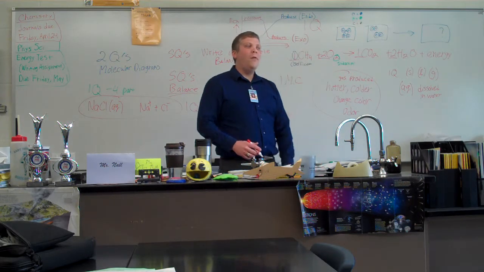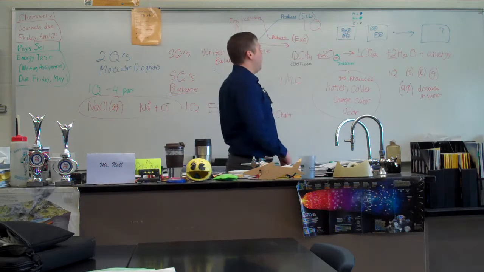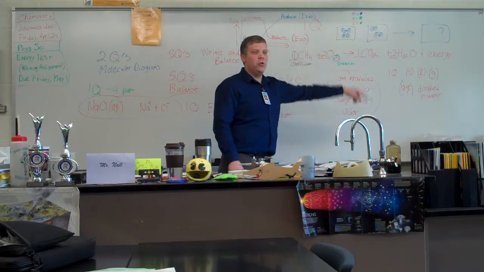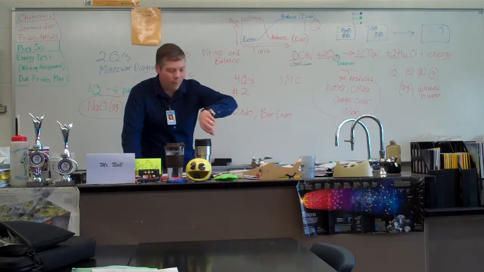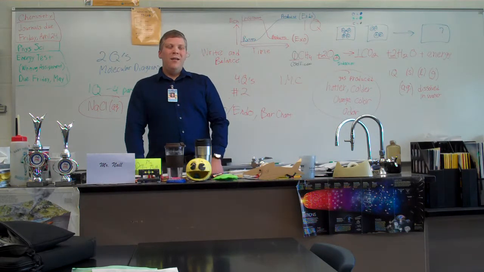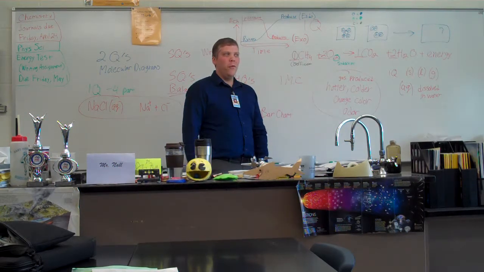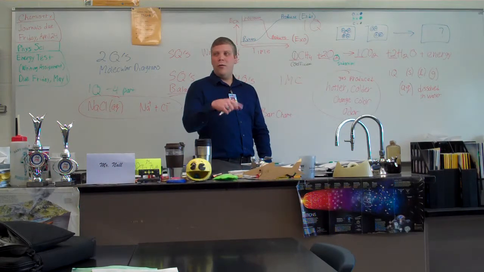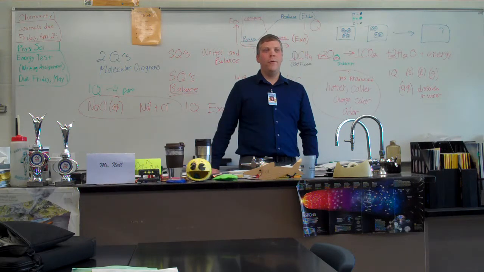So you can have different numbers of molecules, but you should always have the same number of atoms on each side. Okay, that's the test in a nutshell. Other questions before I spend maybe a few minutes going over the types of reactions one more quick time? Like I said, I'll also go over it as a whole group tomorrow with the 8 of us, just for a little extra refresher.